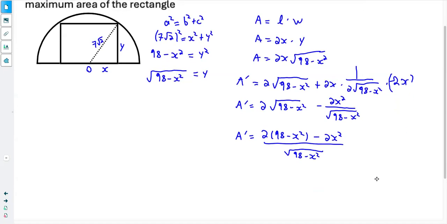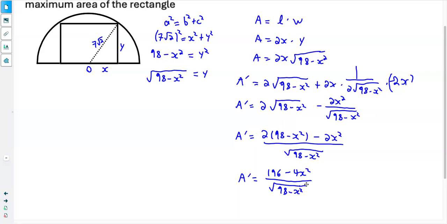So we'll expand this out a bit. So we've got A prime is equal to 196 minus 2x squared minus 2x squared, so minus 4x squared, over the square root of 98 minus x squared.